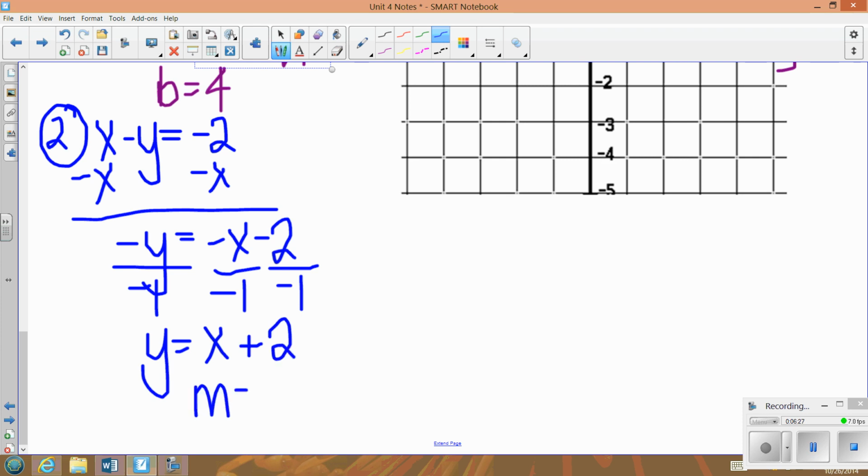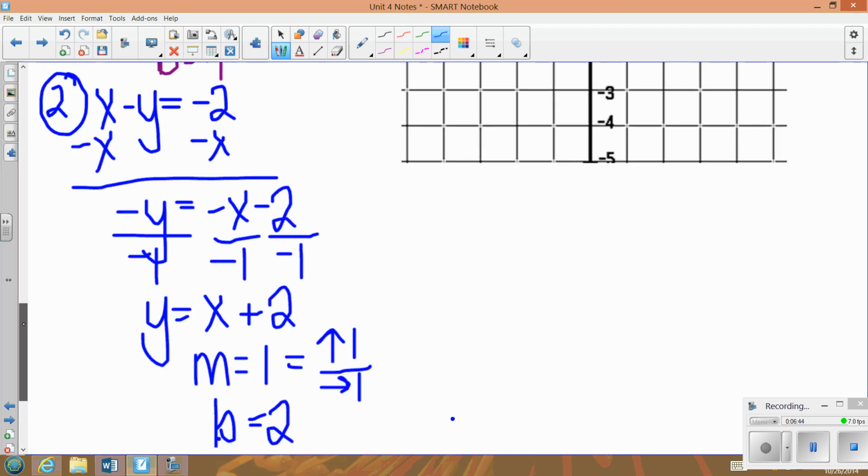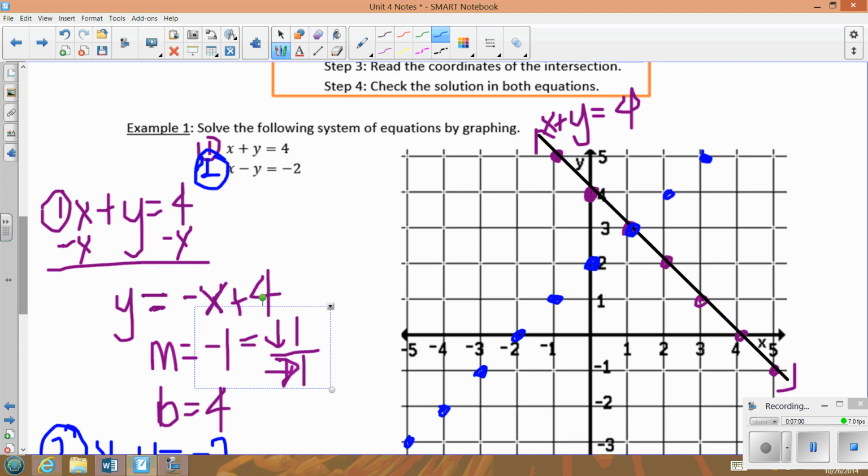So that tells me the number in front of x is 1, so my slope is going to be up 1, right 1. And then my y-intercept is going to be the positive 2, the number at the end. So I'm going to start at 2, and we're going to travel up 1, right 1, up 1, right 1, up 1, right 1, and then go to the backtrack, go to the left, and then go ahead and connect those points.